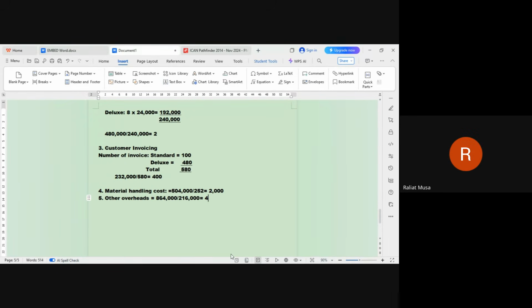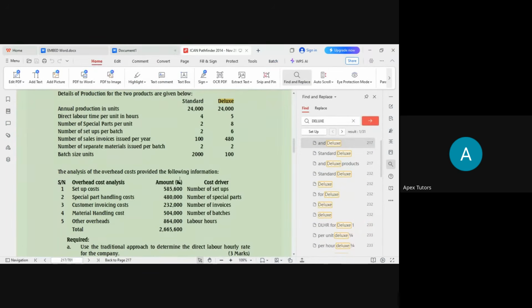No, I'm not saying it's totally irrelevant, because when we want to do allocation, we are supposed to multiply it by the OAR. Yes, we're going to make use of it. Okay, thank you. But in relation to the cost driver, there is nothing to match it with. Understand?